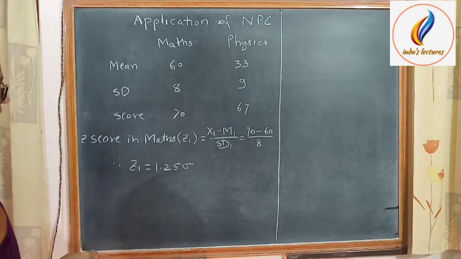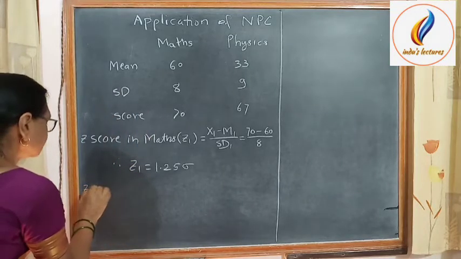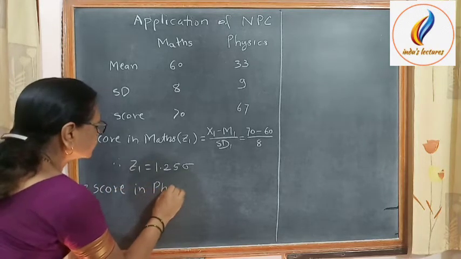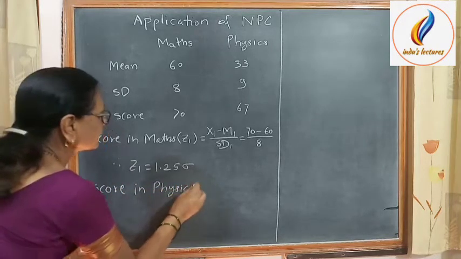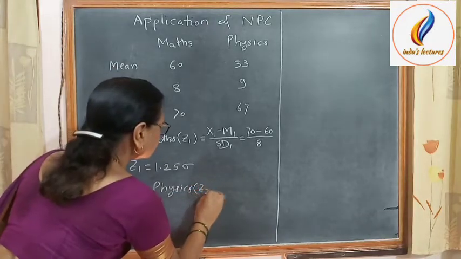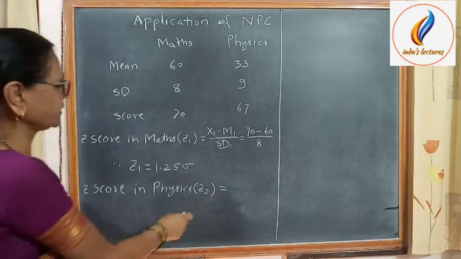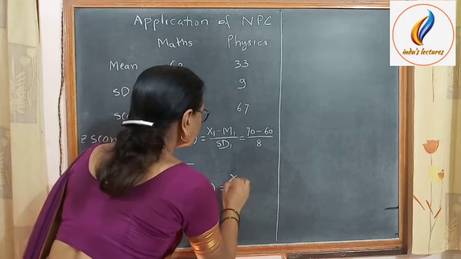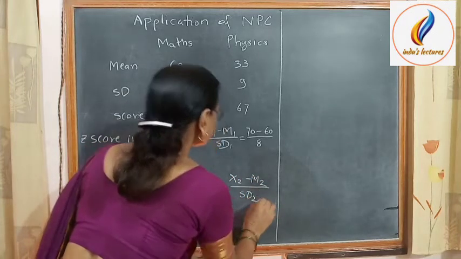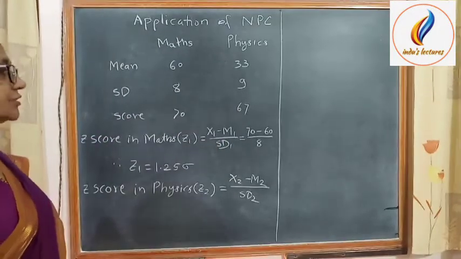Now we will calculate the Z score in physics. We denote the Z score in physics as Z2, and we use the formula for calculating Z2 as x2 minus M2 upon SD2. That means consider the second distribution of physics scores.